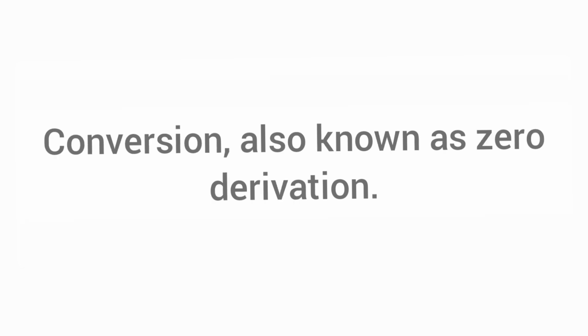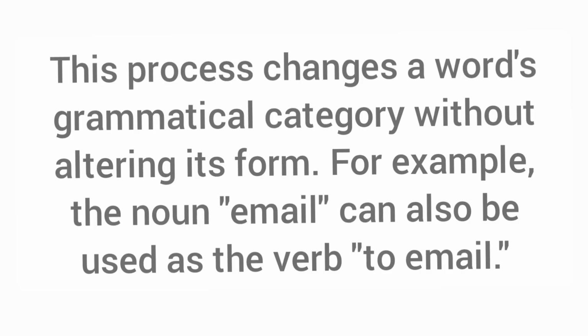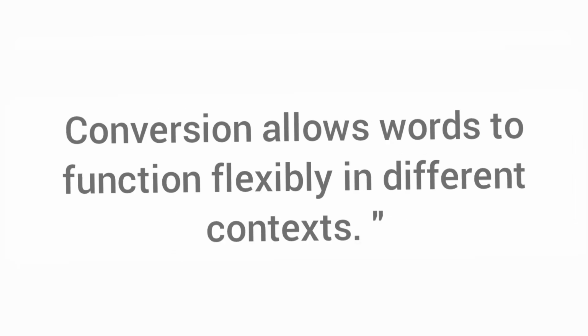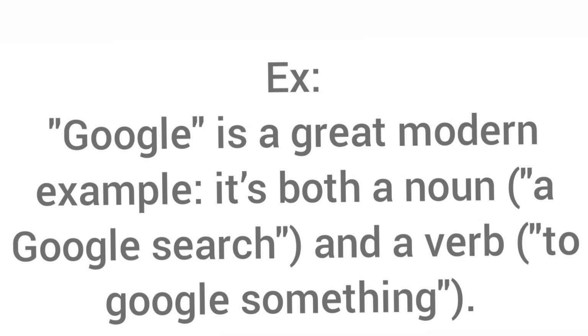This process changes a word's grammatical category without altering its form. For example, the noun email can also be used as a verb, to email. Conversion allows words to function flexibly in different contexts. Example: Google is a great model example.